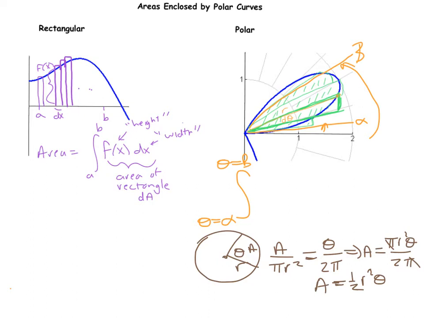Well, then we're just summing up the areas of these sectors as the angle goes from alpha to beta, and the area of each sector can be described as 1/2 r squared, but again, rather than theta, the central angle we'll call d theta. And this here, of course, is the area of the sector. So now we've got a way of finding areas inside polar curves.